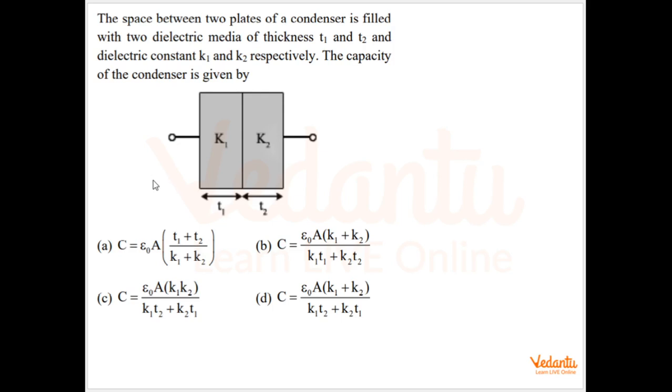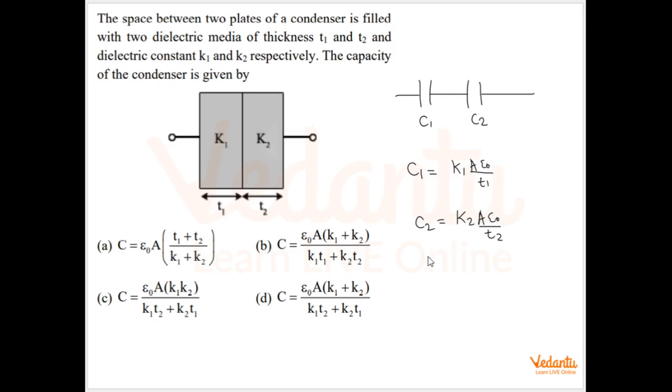So in this case, I will think of it as two different capacitors in series. The first capacitor C1 is given as K1 A epsilon naught by T1, and the second capacitance C2 is given as K2 A epsilon naught by T2.